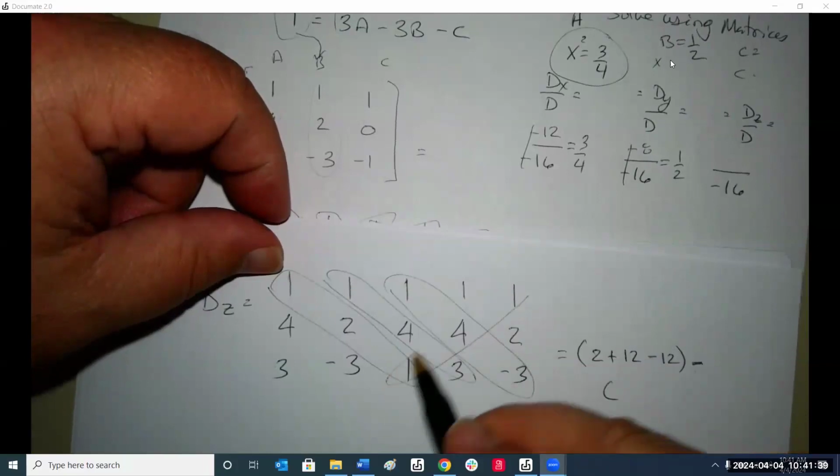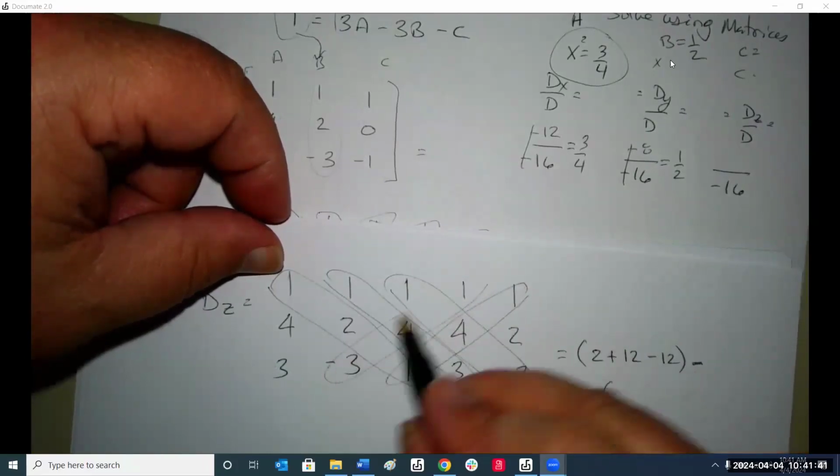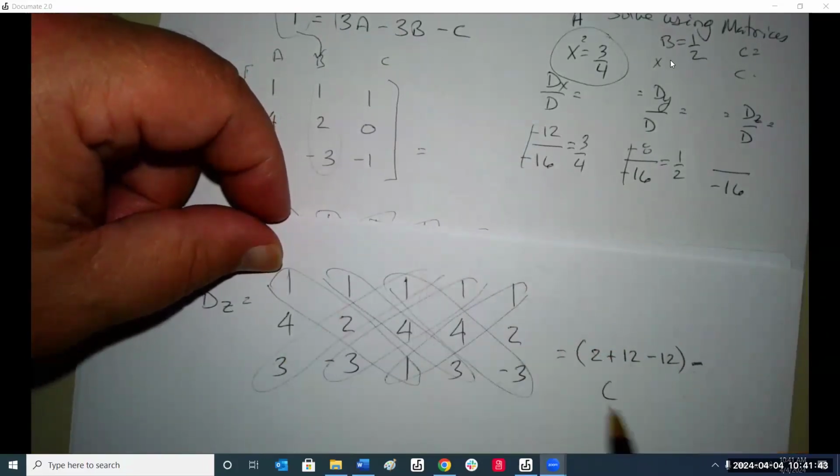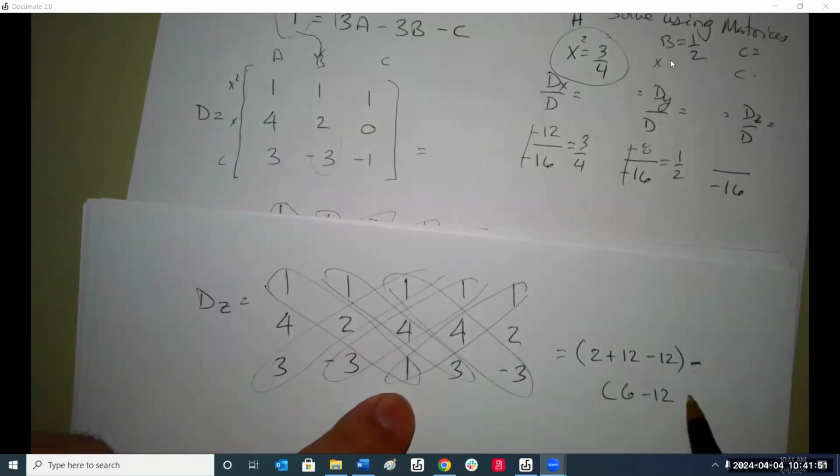Now I subtract these. So that's 6, -12, and it's +4.